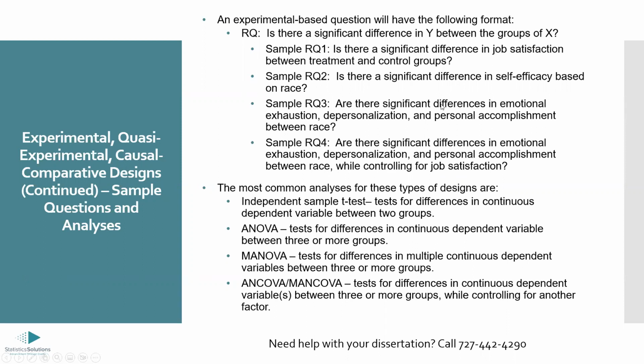If you have three or more groups, something like race, then you do an ANOVA. If you have multiple dependent variables, then you do a MANOVA. Emotional exhaustion, depersonalization, personal accomplishment. If we are looking for differences in all three of those factors at the same time, based on an independent variable, that's when you do a MANOVA.